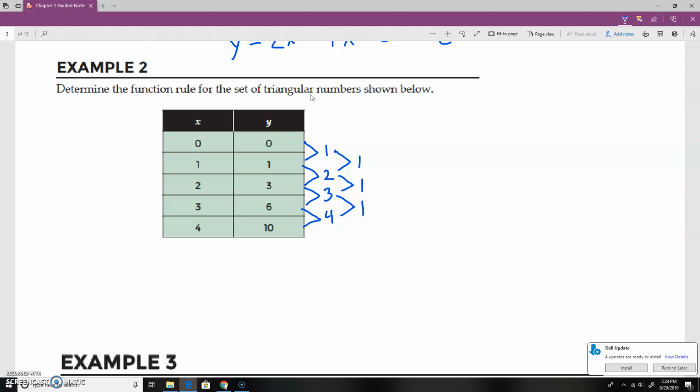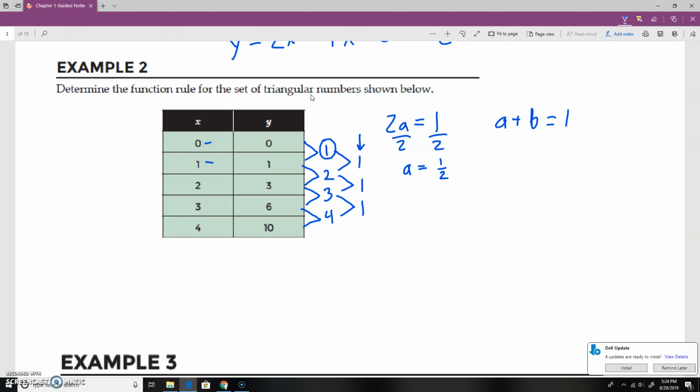Now we're going to set up our equations. 2a is equal to this value here, so 2a equals 1. Divide both sides by 2, and I get a is equal to 1/2. Now I know a plus b is equal to the difference between the y's at 0 and 1 on my x's, which is 1.